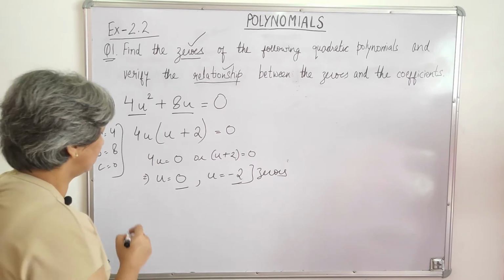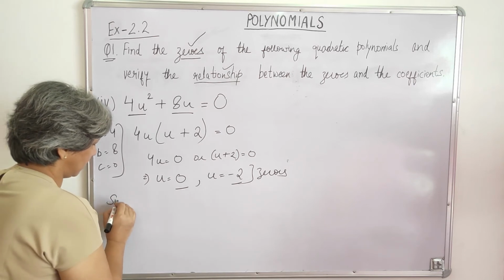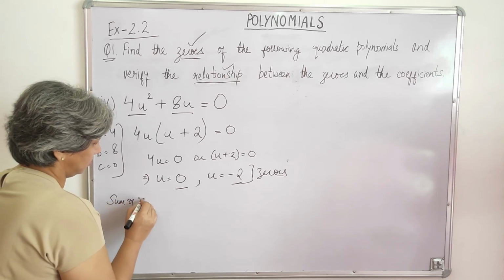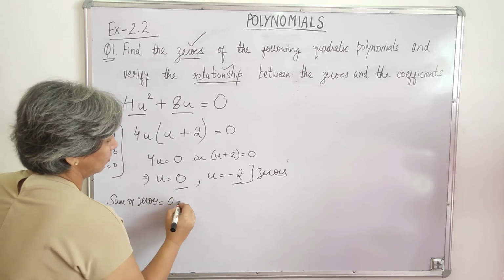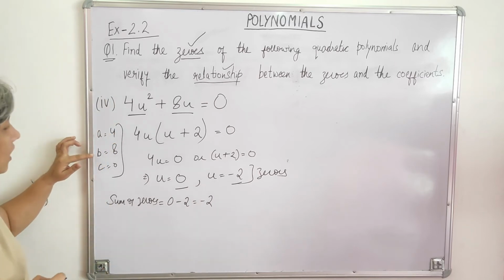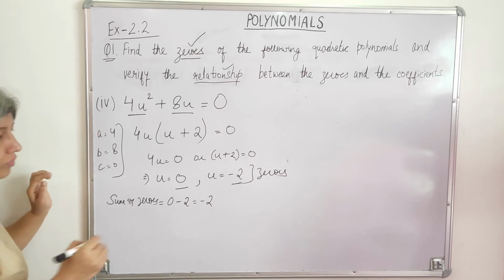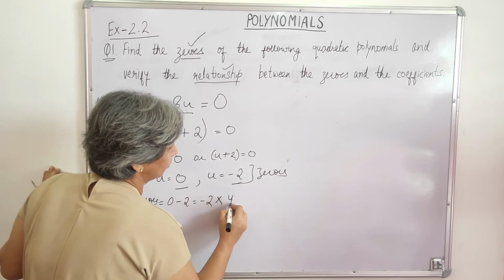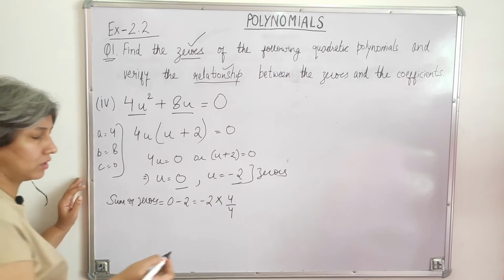Now comes the relationship verification. We'll start with the sum of zeros. 0 and minus 2 will be minus 2, and our minus b by a is minus 8 by 4. Basically we're just multiplying the whole thing by 4 by 4, which is nothing but 1.